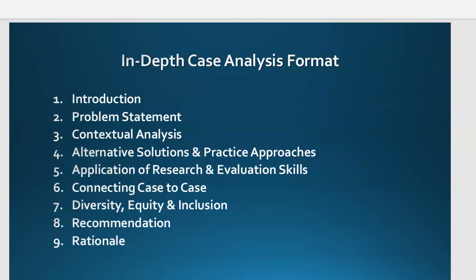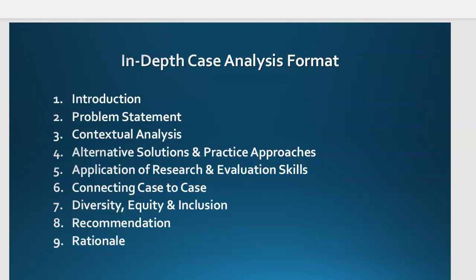Each of these 9 sections is the section header. All of this information is to be included in a separate section. It is to be written as a narrative where each section flows into the next section.